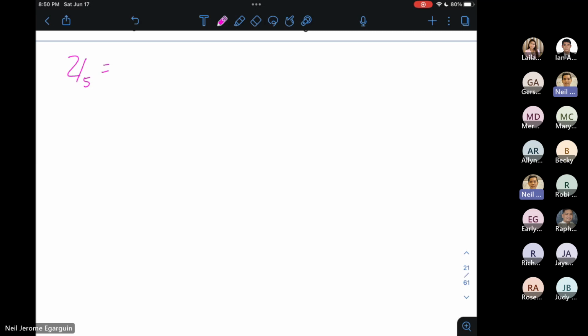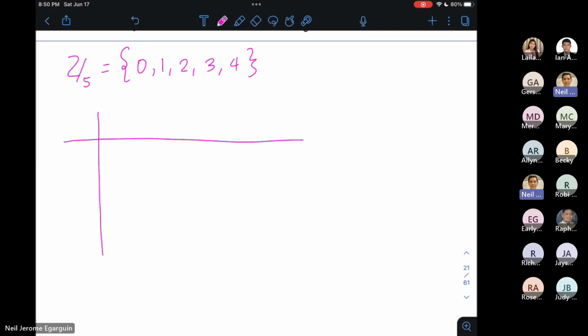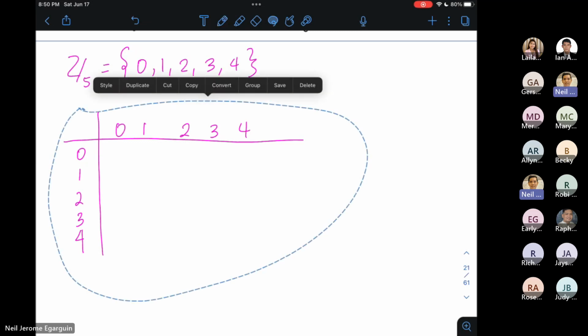Ang Z5 ay kailangan ko ng 5 members starting from 0, 1, 2, 3, and 4. Tapos maggawa ko ng operation table. So gawa ko ng operation table for addition. 0, 1, 2, 3, 4. 0, 1, 2, 3, 4. Then, copyhin ko lang to para sa multiplication mamaya.